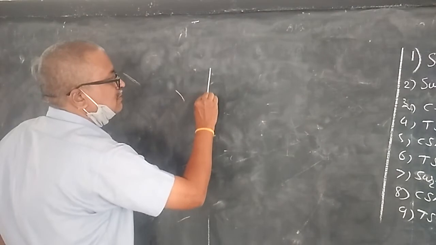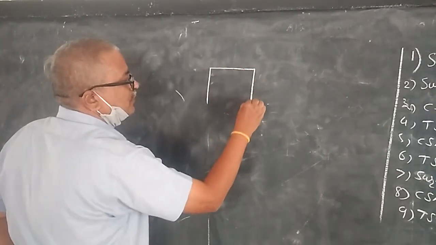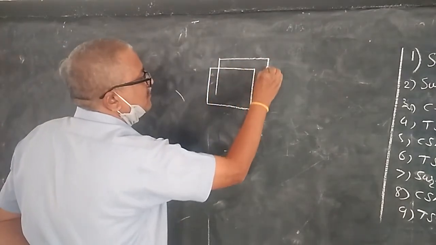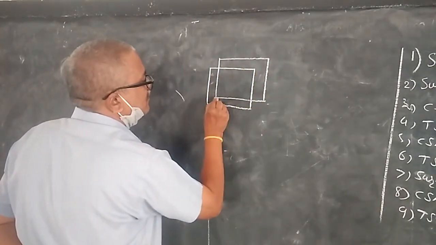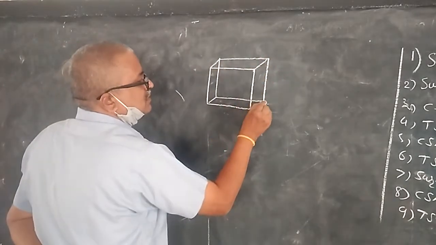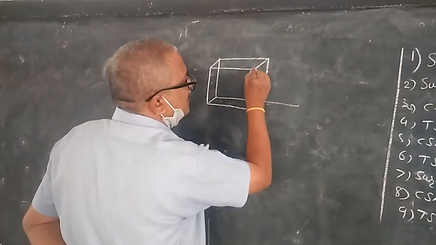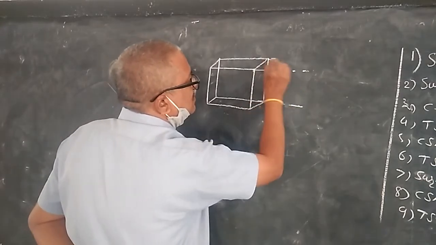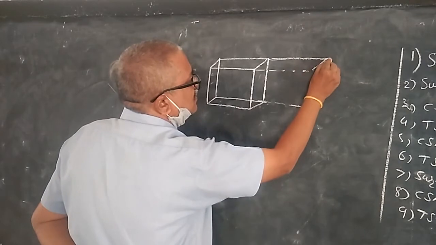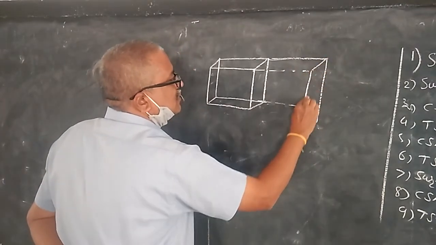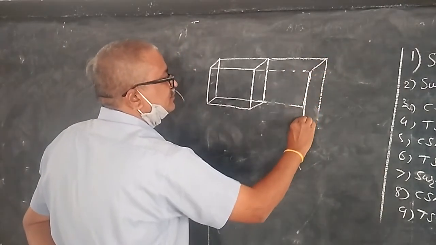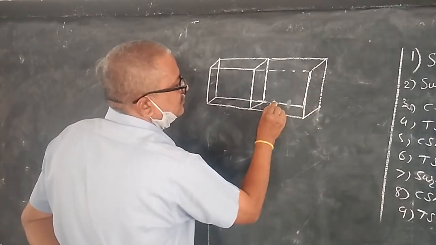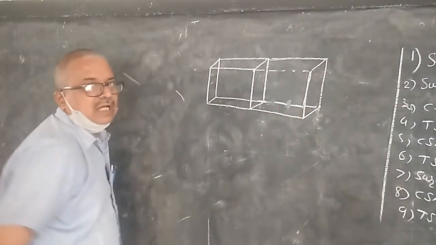This is the cube, one of the cube. This is another one.